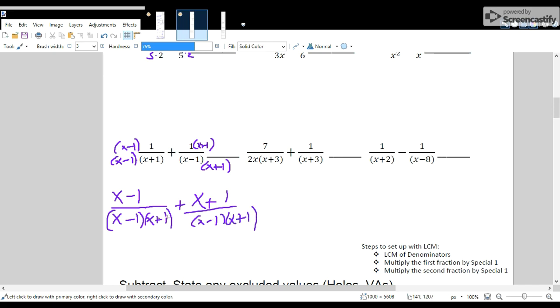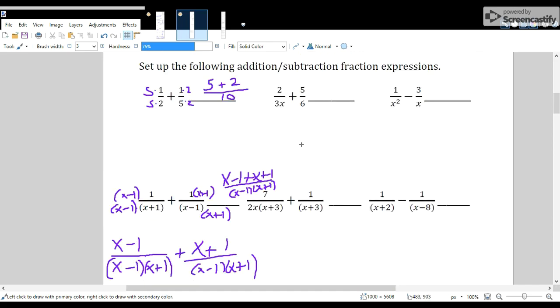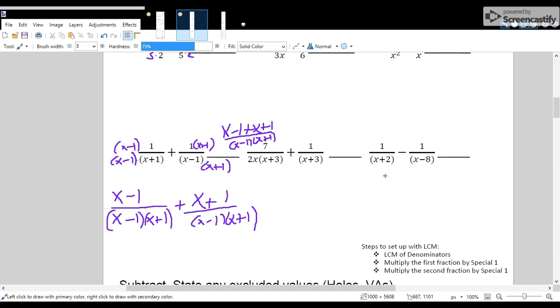So these denominators are the same now, so we can put them together. So x minus 1 plus x plus 1 all over x minus 1, x plus 1. Okay, try the rest of these.